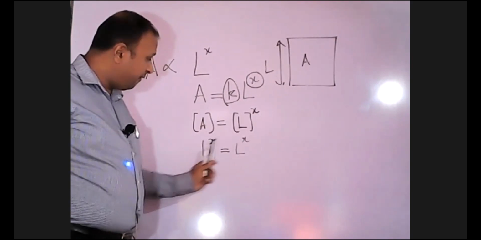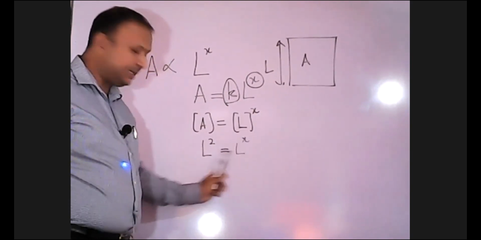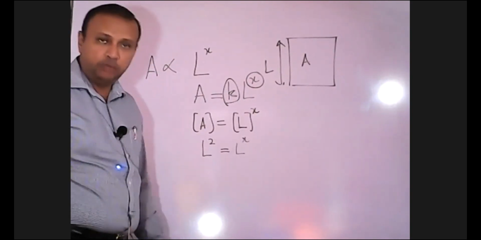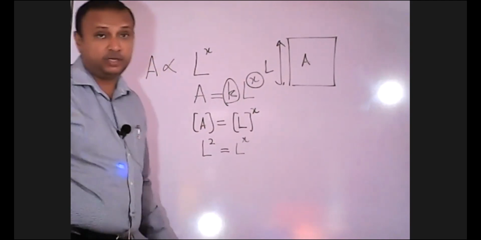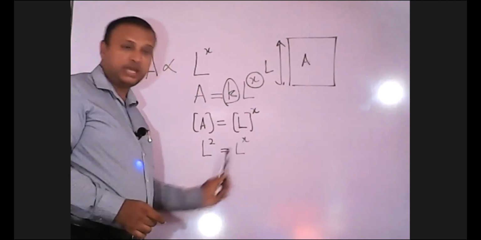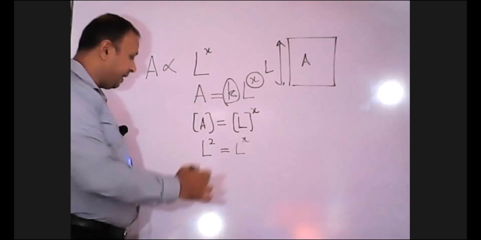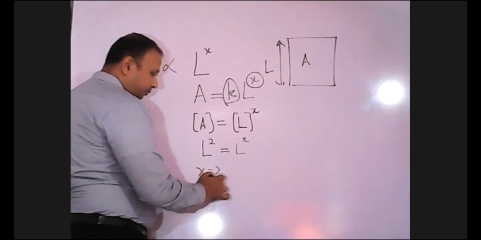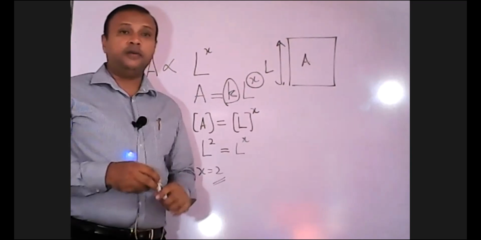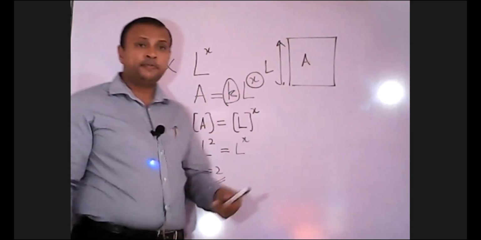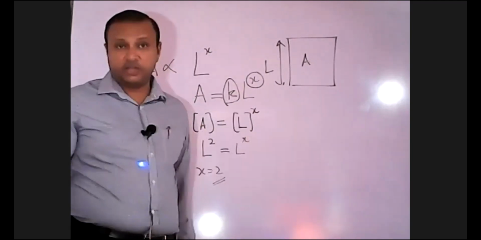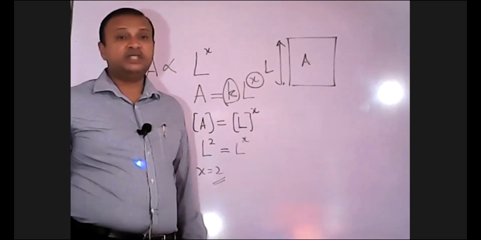So the power of the same bases in the two sides should be equal, as this is an equation. So x should be equal to 2. This is the way of determining or building a relationship, or building an equation, between some given physical quantities.